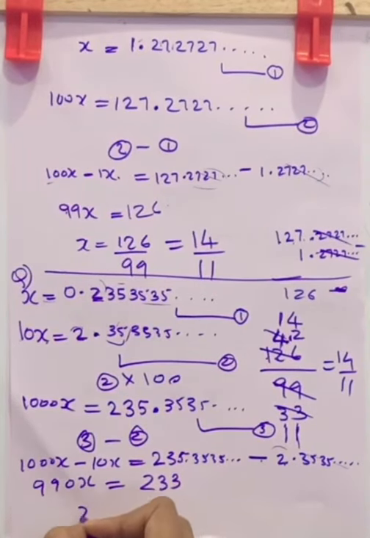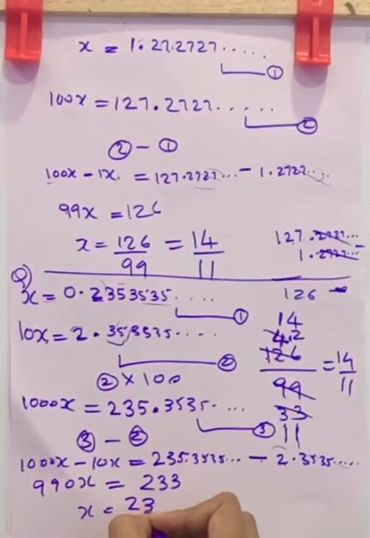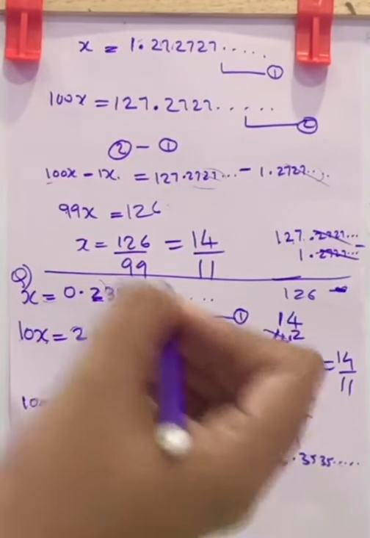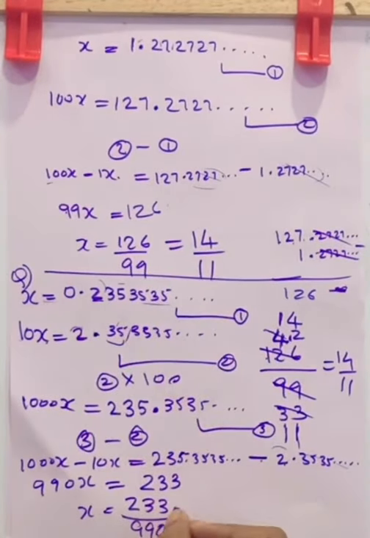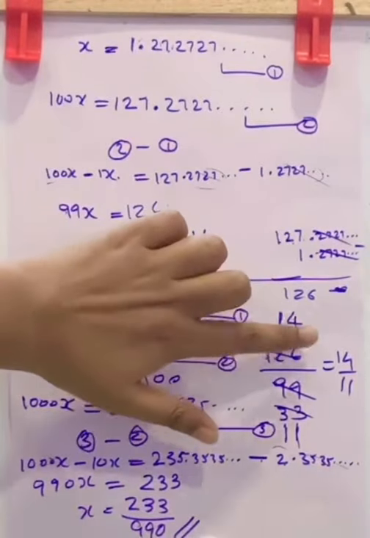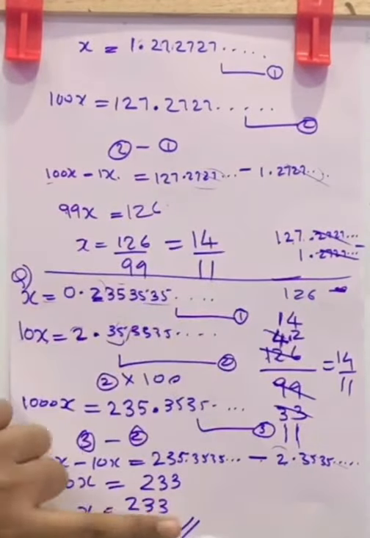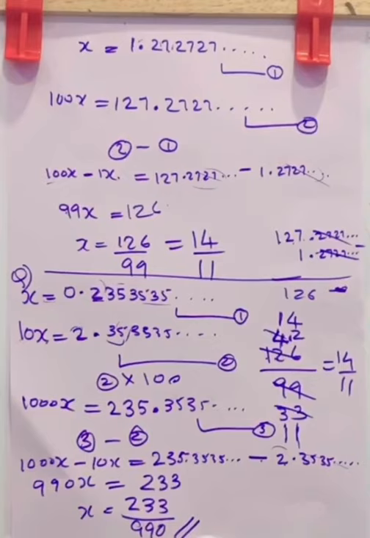Now x is equal to 233 by 990, this 990 goes to the denominator. 233 is a prime number, so you can't cut with a common factor. So you will stop here. 233 by 990 is the P by Q form.